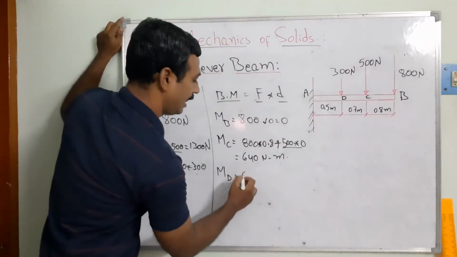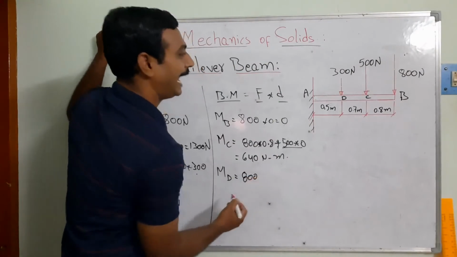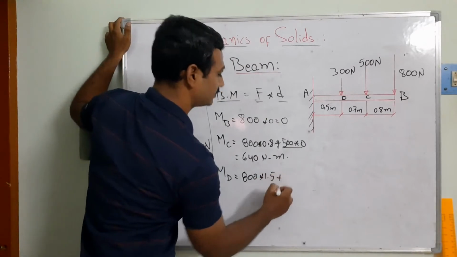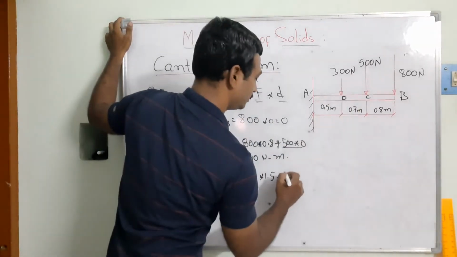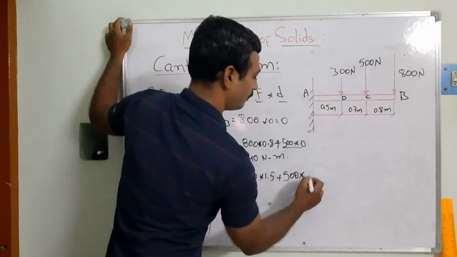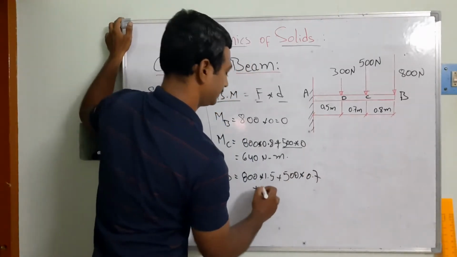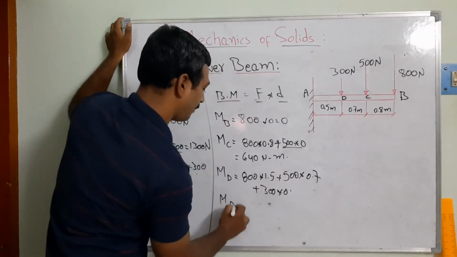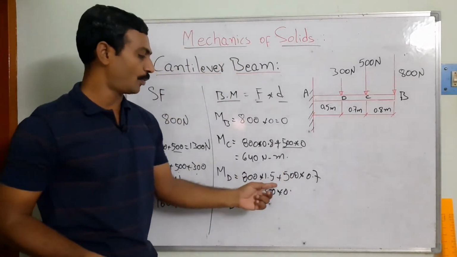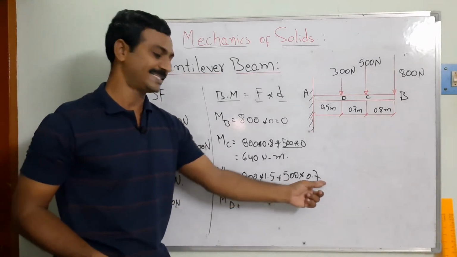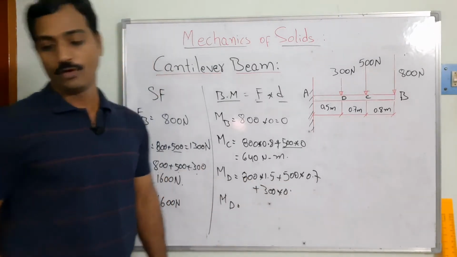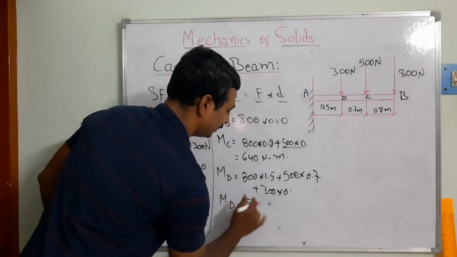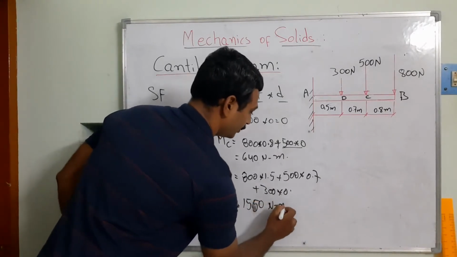I am taking 800 as the first value, and here 0.7 plus 0.8 is 1.5 meters, plus 500 into 0.7, plus 300 into 0. If I do the calculations, 800 into 1.5 plus 500 into 0.7, the magnitude is equal to 1550 newton meter.